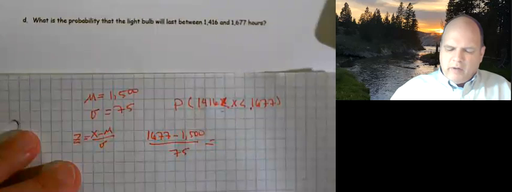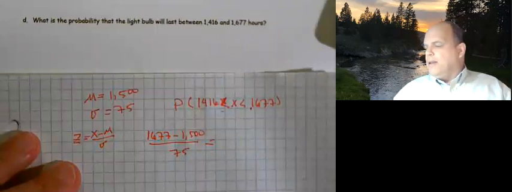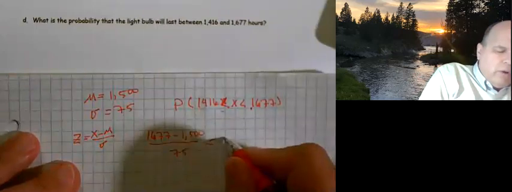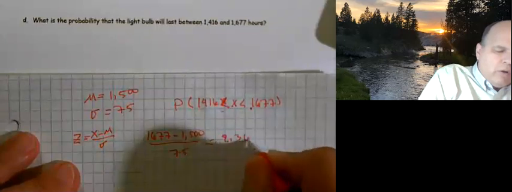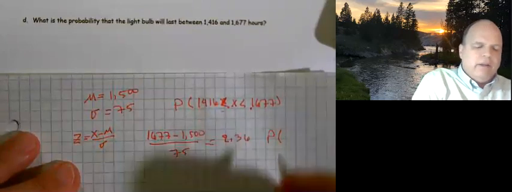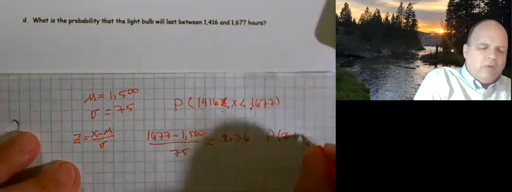Try that again, divided by 75. And I don't think I did that correctly. 2.36. So I'm looking for the probability that Z is less than 2.36.